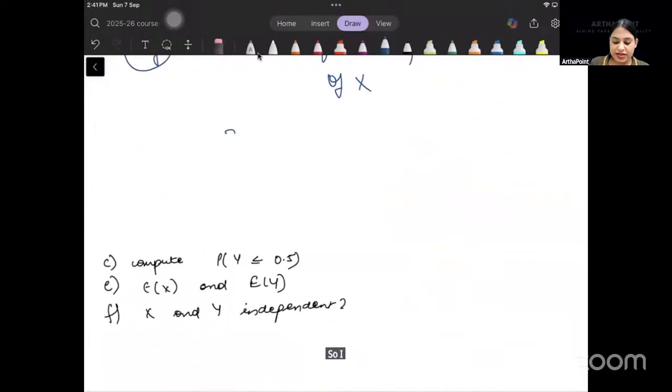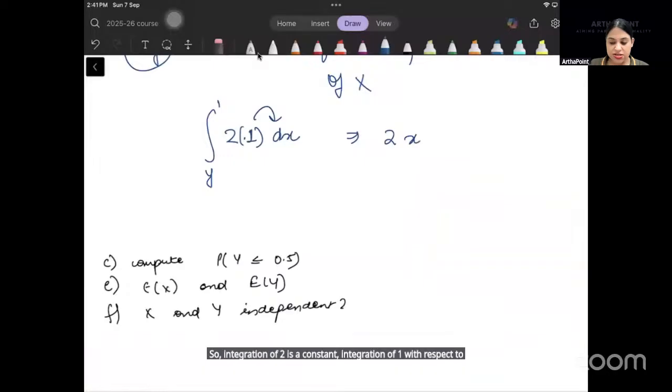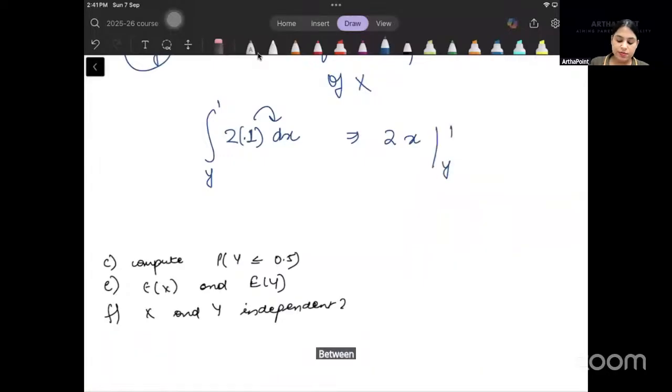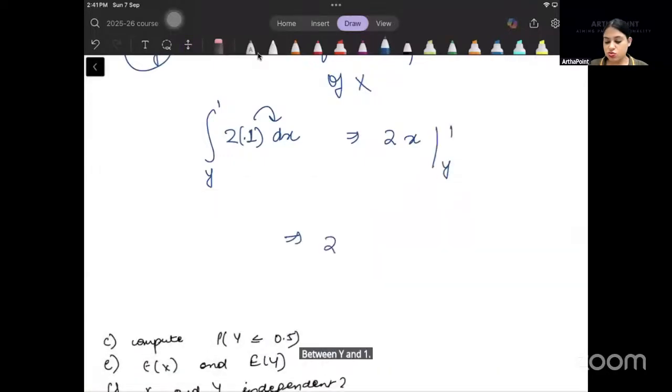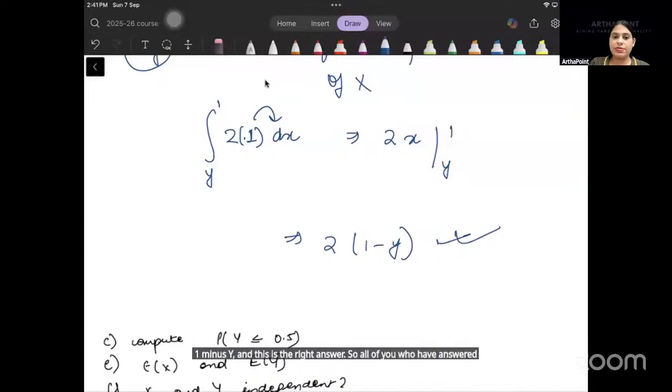So I'm integrating 2 with respect to x. Interval will be between y and 1. So integration of 2 is a constant. Integration of 1 with respect to x becomes x between y and 1. So beta, this becomes 2 times (1 minus y), and this is the right answer. So all of you who have answered 2(1 minus y), that will be the right answer.